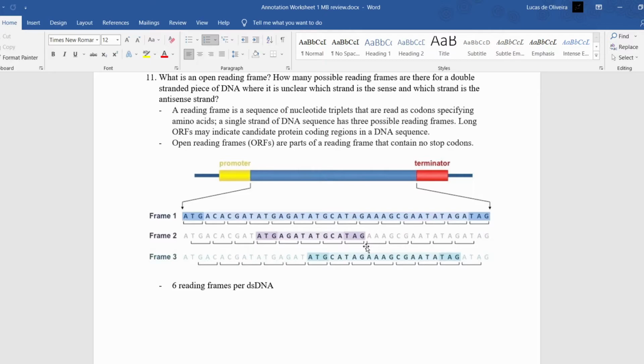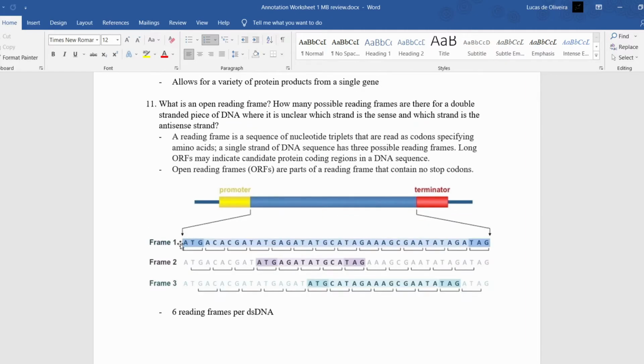So ORF. The open reading frame starts at the start codon and goes until it stops right before the stop codon. So an open reading frame, if you have your promoter upstream, 5' of your start codon, and then you have your AUG, methionine, will be the first amino acid, and then it'll keep reading until you hit a stop codon, TAG.